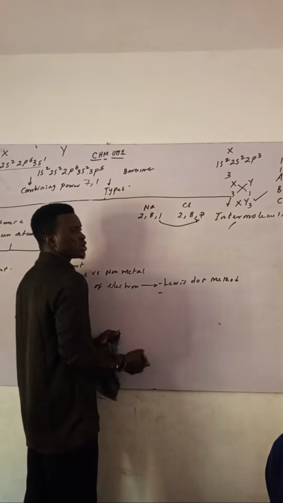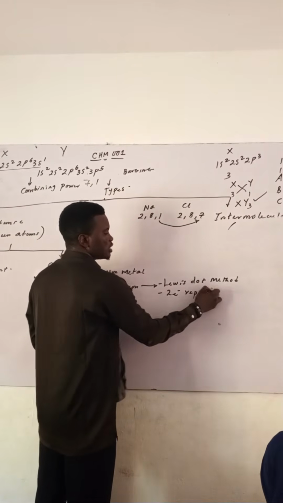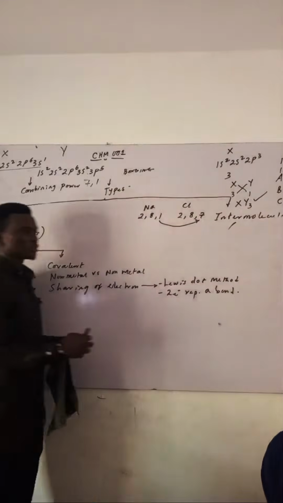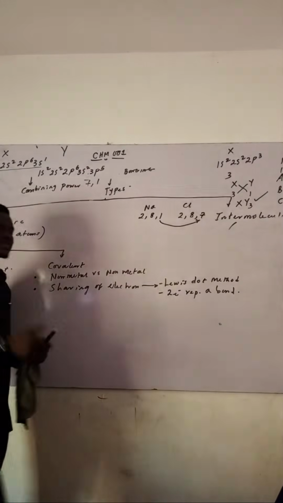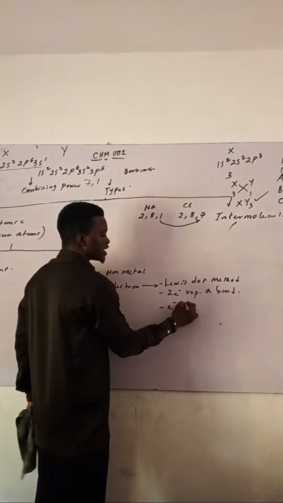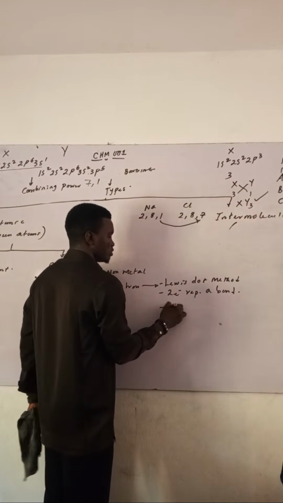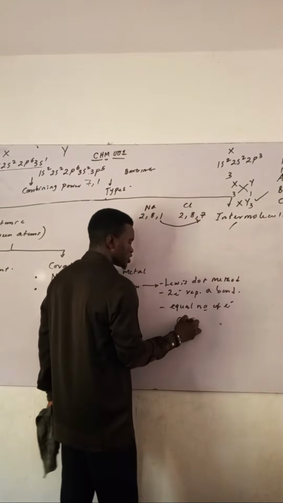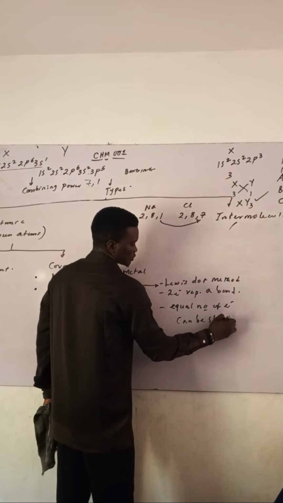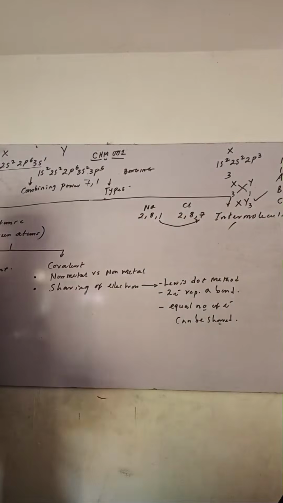And when you are using the Lewis dot method, 2 electrons represent a bond. And don't forget, most times an equal number of electrons can be shared. I'm not saying it must be shared, but an equal number of electrons can be shared.